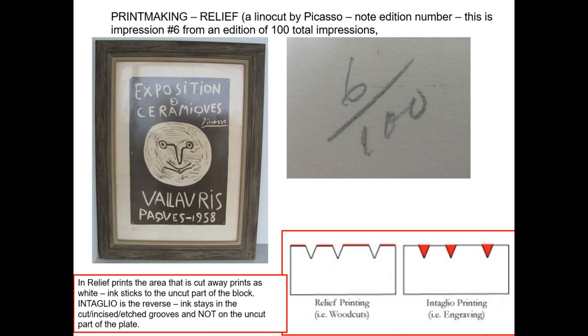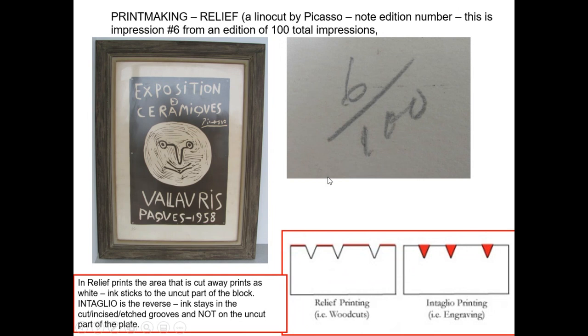We use the plate and we scratch into it where we want the details or lines to be, and then we apply ink to the whole surface and wipe the ink off again, and that drives the ink into the grooves that we've made with our tools. So intaglio is the complete reverse of relief. In relief, the area that is cut prints as white. In intaglio, the area that is cut prints as black.